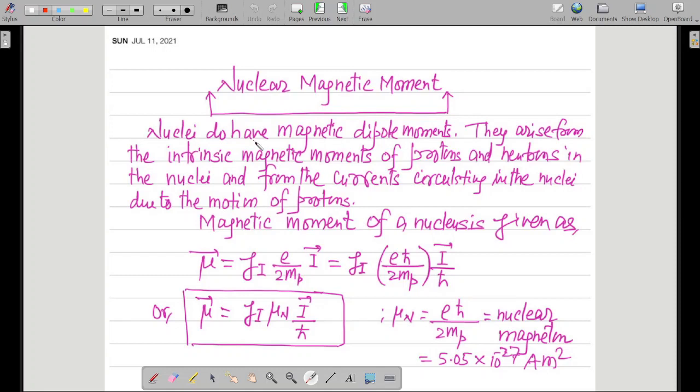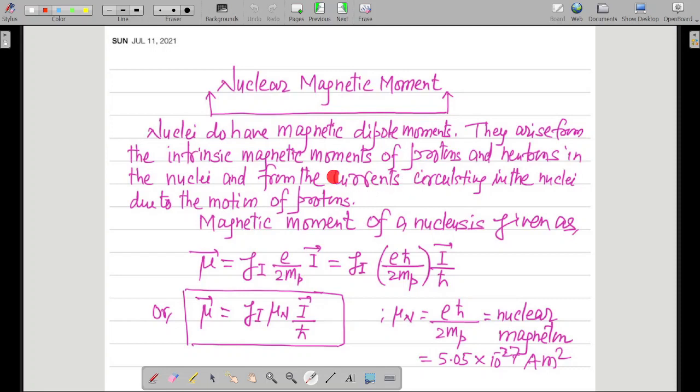I am talking about the magnetic dipole moment of nuclei. What does it comprise of? It comprises of intrinsic magnetic moments of protons and neutrons, and the current circulating in the nuclei due to motion of protons. Current will not be constituted by neutrons because neutron is chargeless, and you know this very well that current is constituted only when a charged particle is in motion.